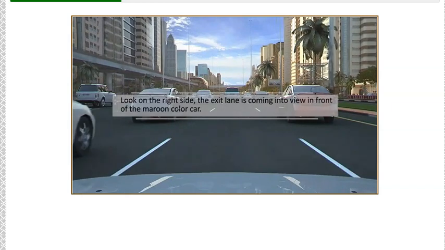Look on the right side, the exit lane is coming into view in front of the maroon color car.